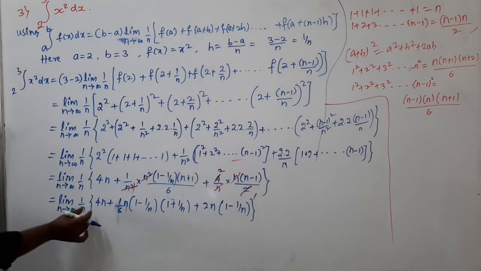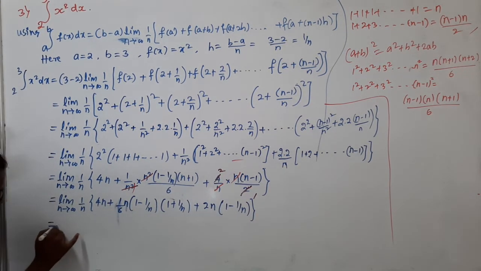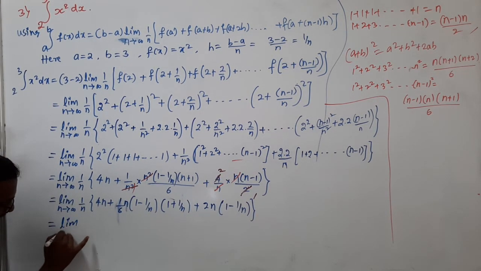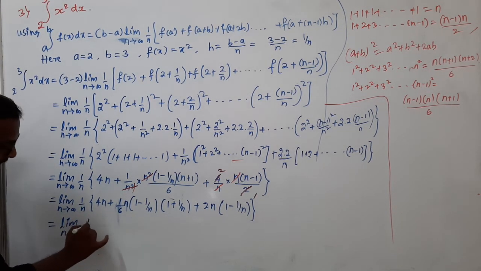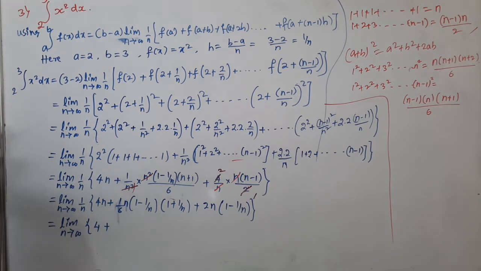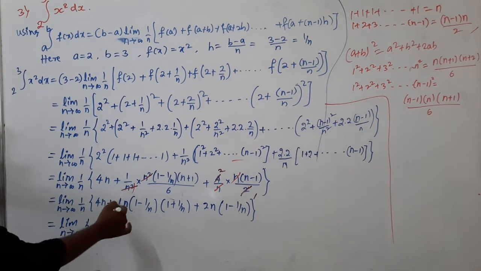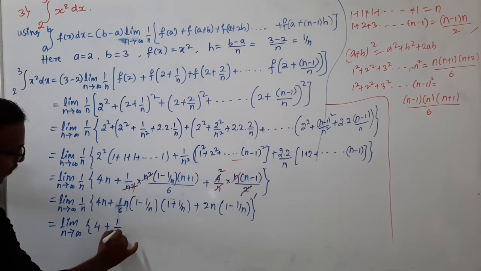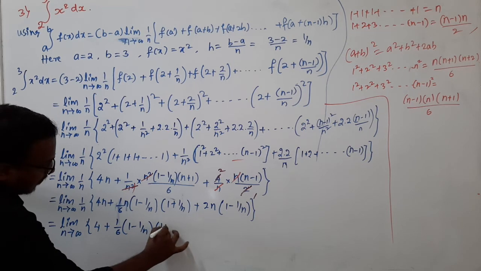Okay, now multiply by this 1 by n to these 3 terms. It will become limit n tends to infinity 4 plus 1 by 6 into n into 1 by n. There n cancels, the remaining values are 1 by 6 into 1 minus 1 by n into 1 plus 1 by n.